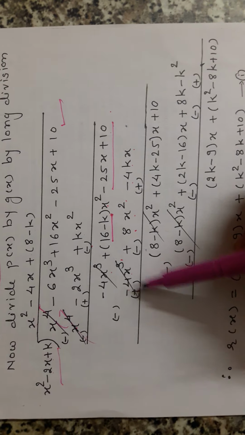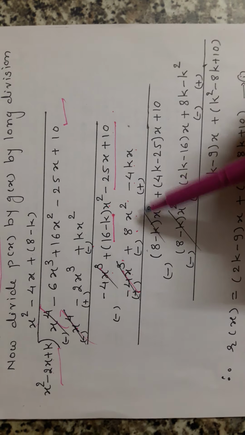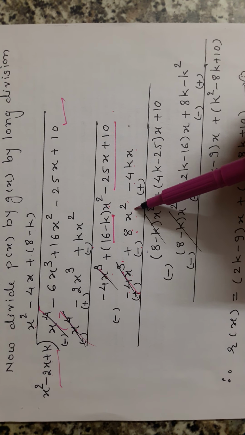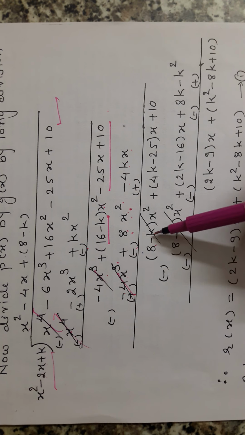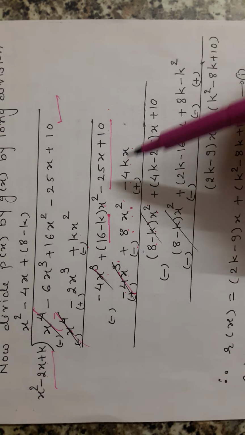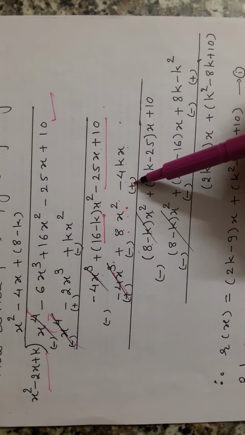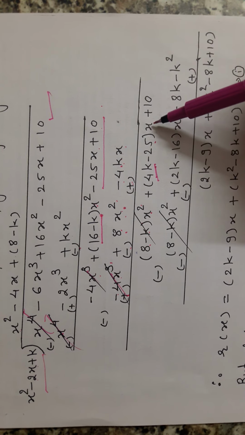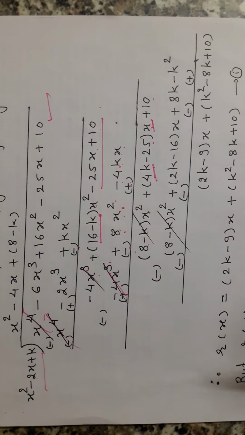Here minus and plus cancel. 16 minus k minus 8 is 8 minus k, and x square is common. Minus 25x plus 4kx, that is 4k minus 25 with x outside, and plus 10 as it is.